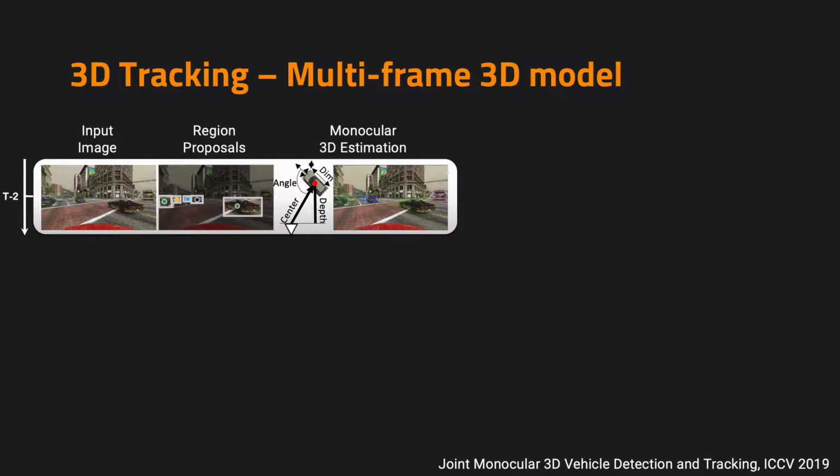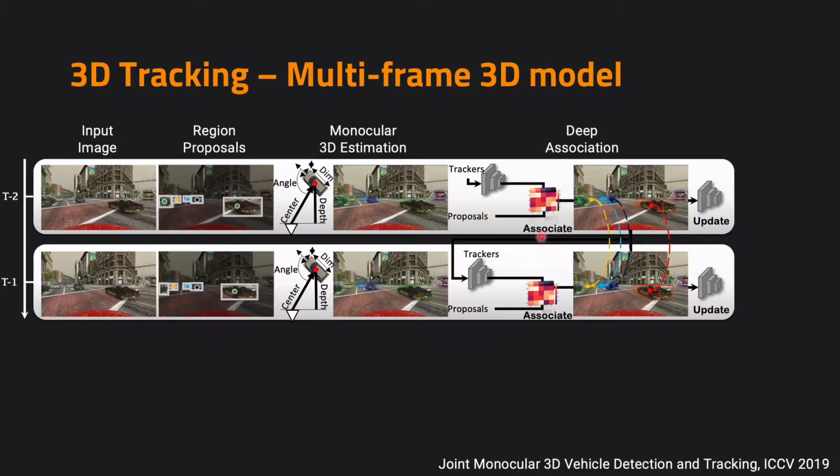So given an input image, we can still extract the region proposals, and for each potential object candidate, we can estimate its depth, center, and dimension. When we have a different frame, we can associate them together.